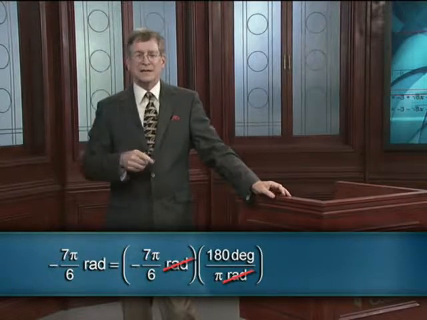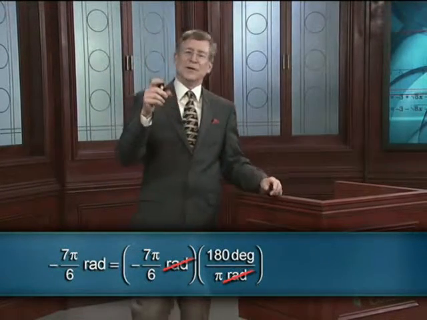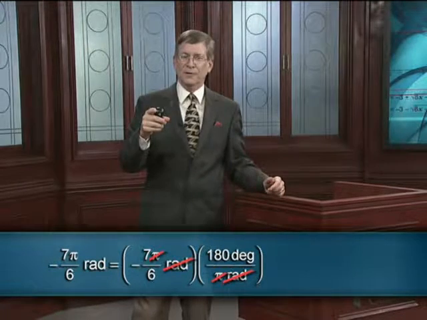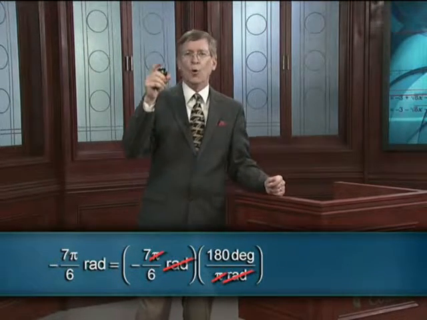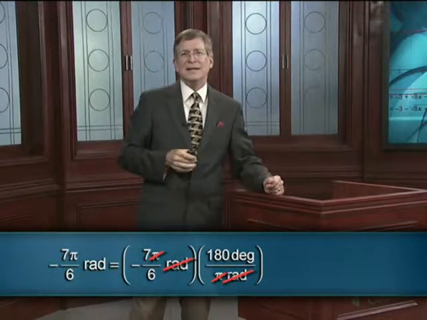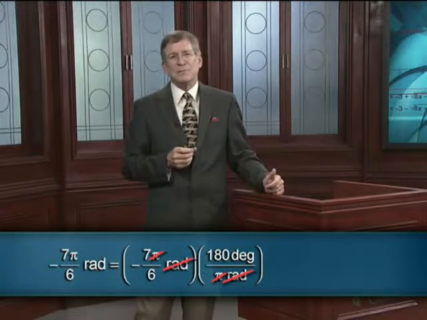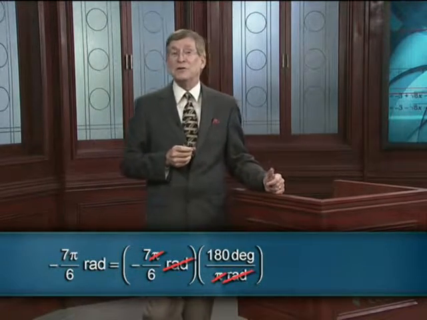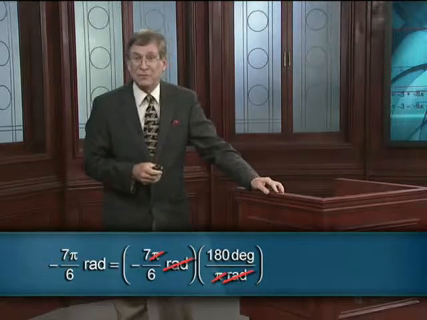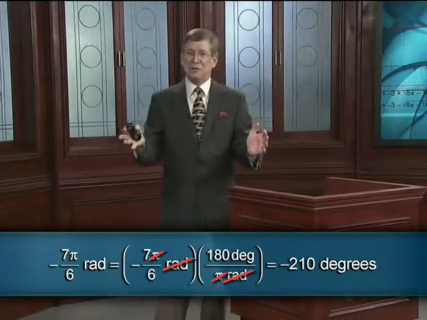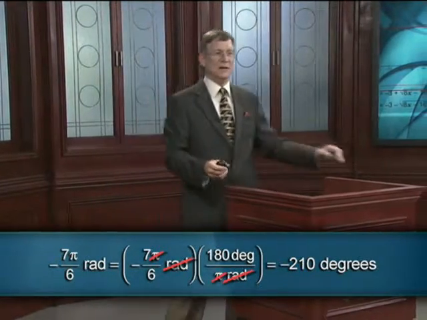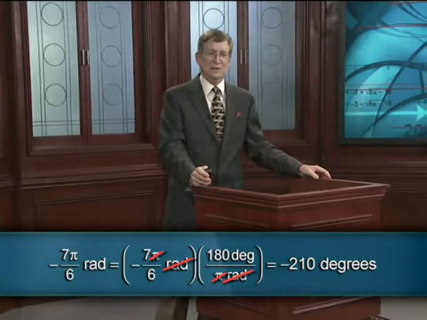The word radian cancels, and the pi's cancel each other, numerator and denominator. 180 over 6 is 30, and 7 times 30 is 210, and there's a minus sign out in front. So a lot of arithmetic, but you get the final answer of minus 210 degrees. Great, we're now experts in converting back and forth between these two units of measure.